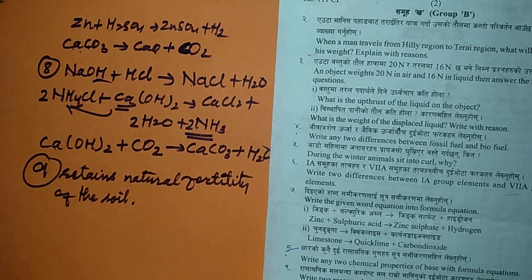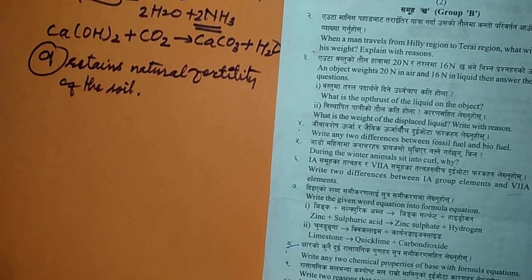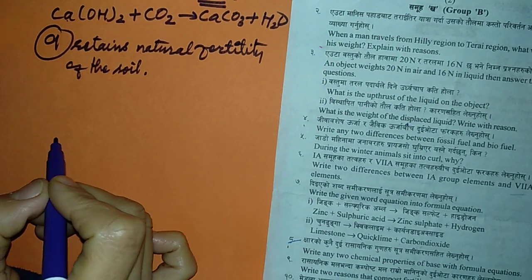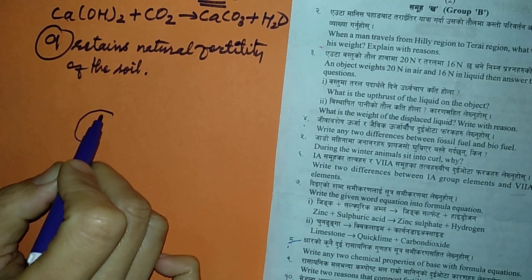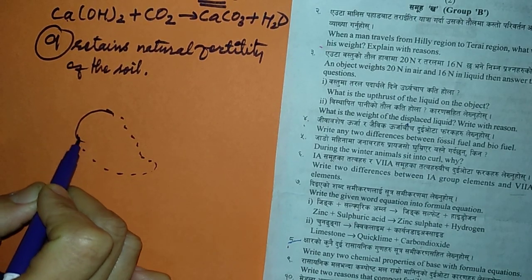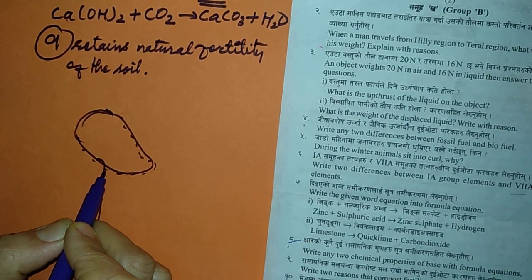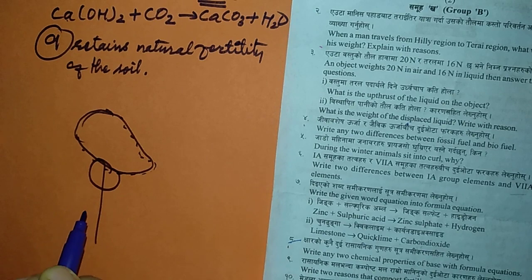Now question number 10: write two functions of medulla oblongata. Medulla oblongata is the base part of the brain. Supposing this is the brain in a rough diagram, medulla oblongata is right over here at the bottom.